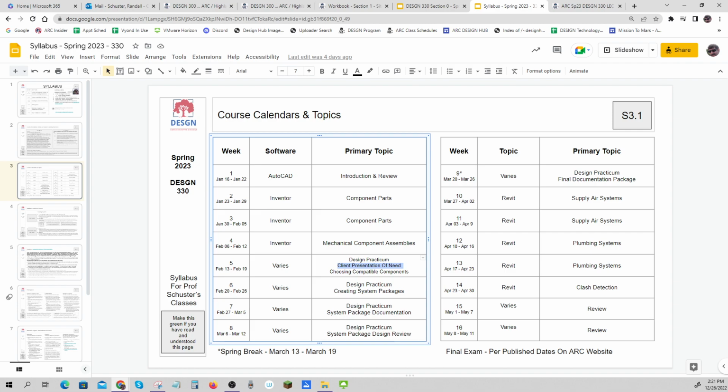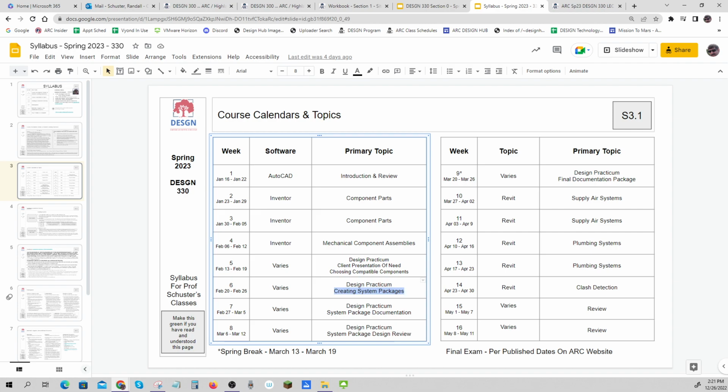It will have to do with water quality, either water quality testing or water quality improvement or water quality monitoring, something along the lines of water quality. And in this case, we're going to be talking about creating system packages.